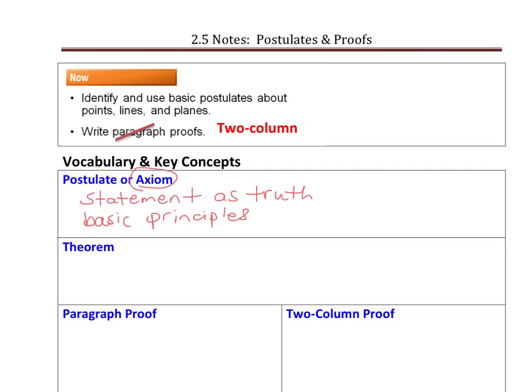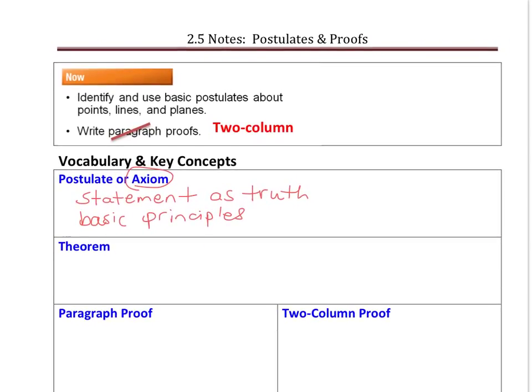A theorem, on the other hand, is a statement that can be proven and must be proven. We must justify each theorem that we use.